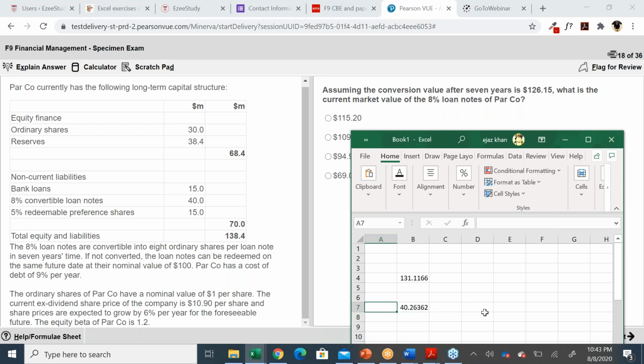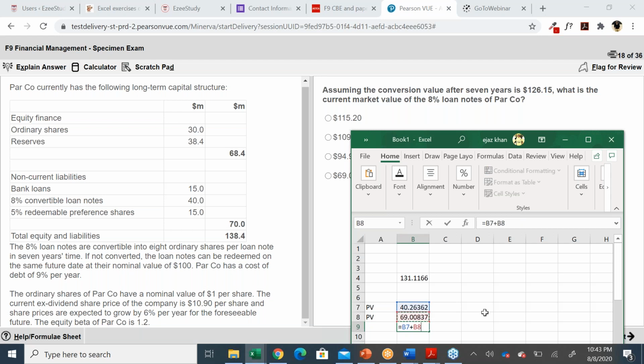So the present value of the interest payments, PV of interest. Now PV of the conversion value. Conversion value as per the question is 126.15 into 1 plus 9% raised to the power minus 7.